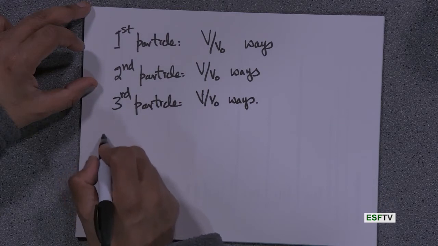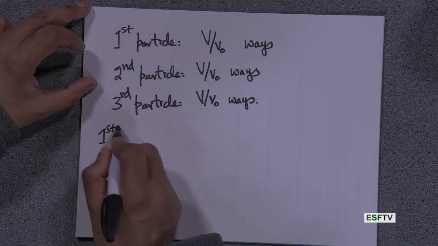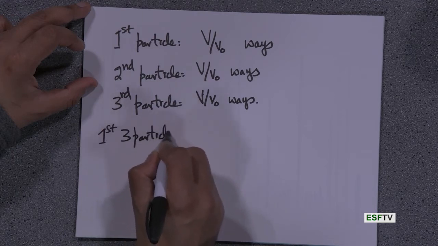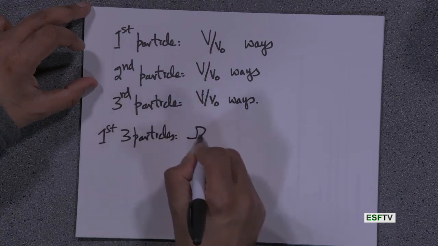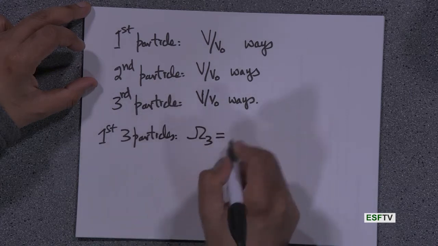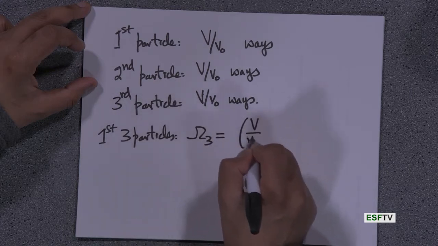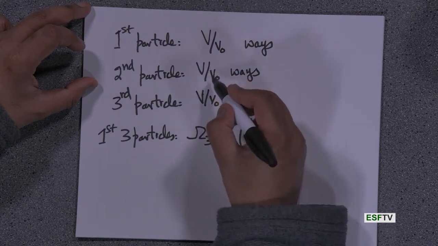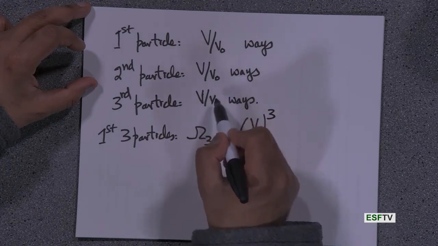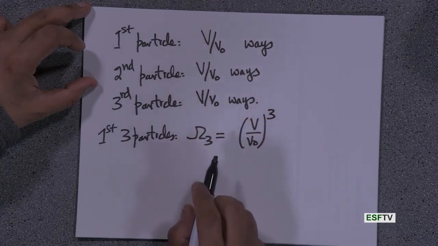So the first 3 particles, let's call that omega sub 3 for 3 particles, they can go in how many ways? V divided by V0, multiplying this to the power 3. So many, multiplying so many, multiplying so many ways.